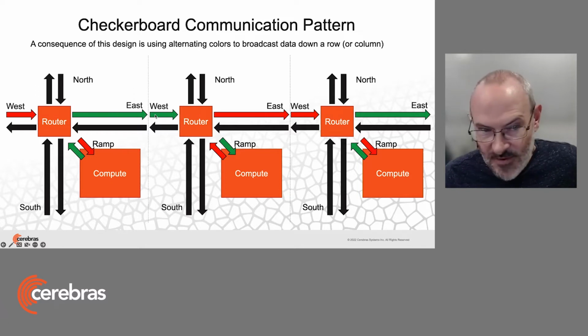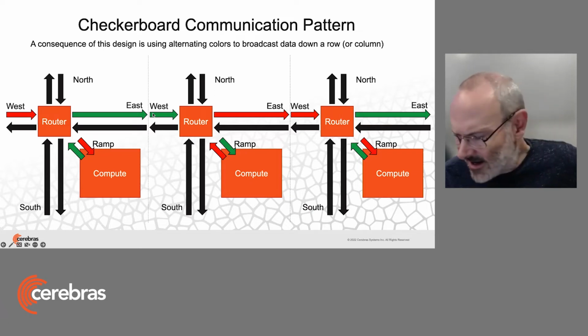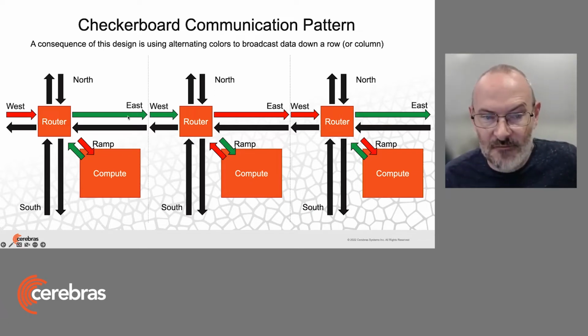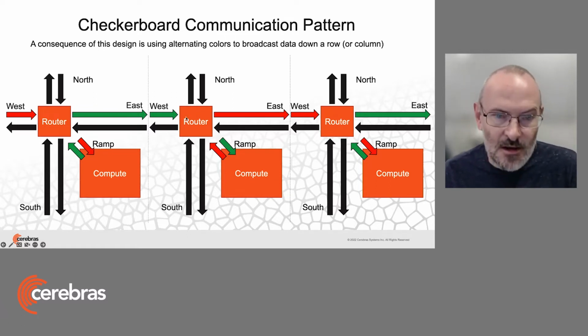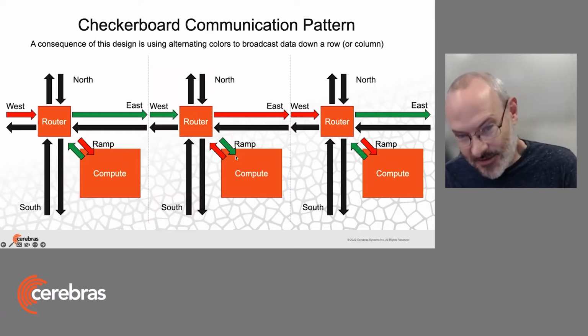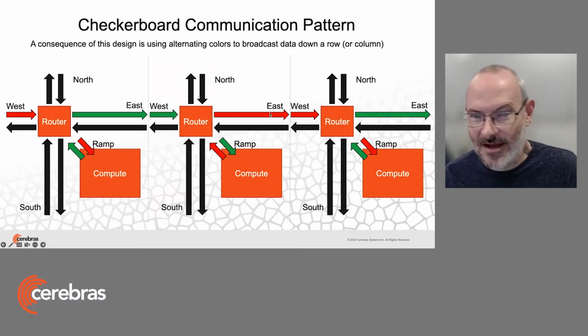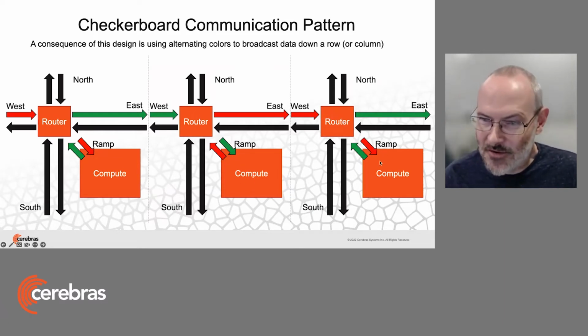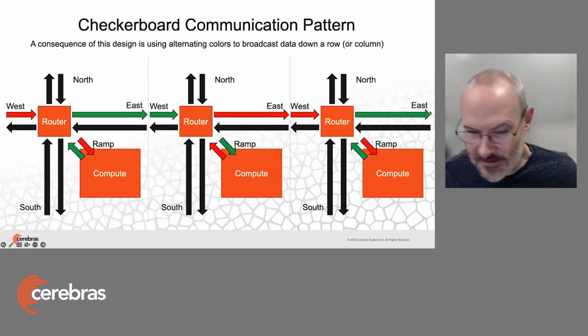They're physically adjacent, so there may be a single FIFO here or something. It's a very, very fast link between this router and this router by design. Then you're green, so you go down again, come back up as red, go across through a third router, go down as red, come back as green, and go out through the east.